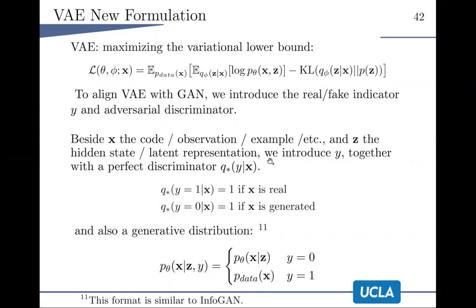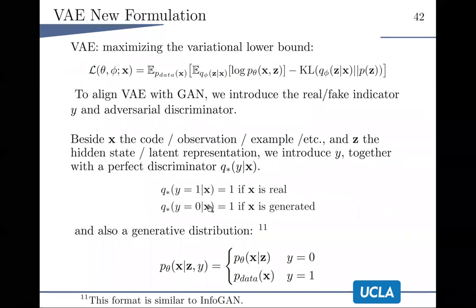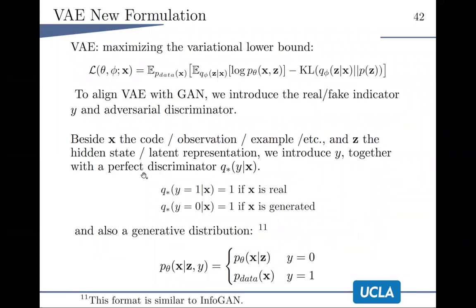Besides that, we introduce a perfect discriminator Q star, where Q star tells that Y equals 1 when X is real, and Y equals 0 when X is generated. And Q star is introduced this way as a perfect discriminator.